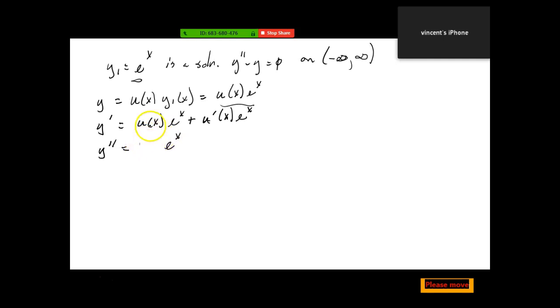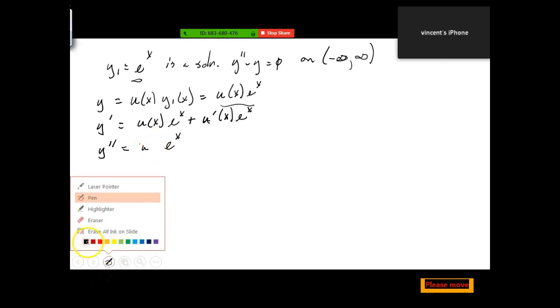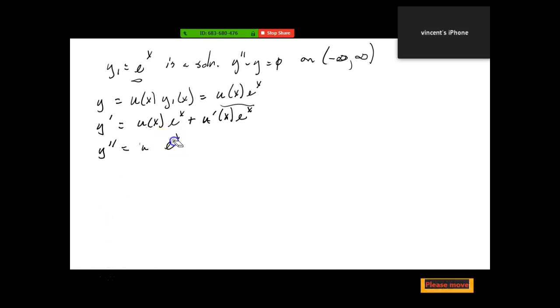Wait, there's more. First times derivative of the second would be u e to the x. Now I'm going to shorten this. And now if you were doing a different order, the order doesn't matter here. U e to the x plus the derivative of the first times the second. The derivative of u would be u prime times the second, which is e to the x. Okay?